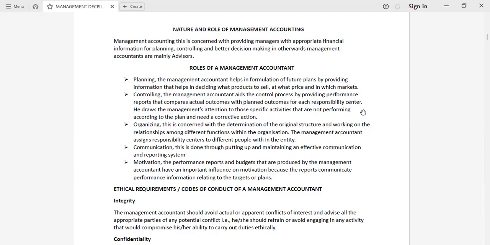So what happens with the performance of employees, when it is appraised, there is always a reason why these organizations do performance appraisals or evaluate performance.